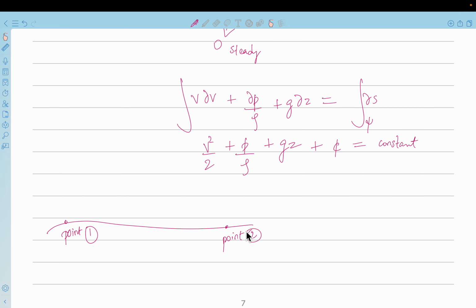Between point 1 and point 2, I can say that this quantity is conserved. But if I had another streamline here, let's say point 3, can I say that this expression v²/2 plus p/ρ plus gz is the same between point 1 and point 3? No. So when can we say this? What flow condition can I say this in?